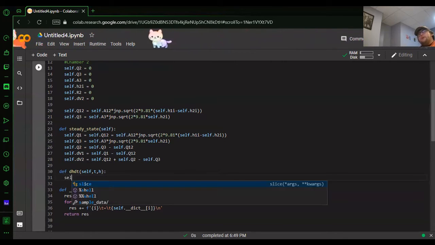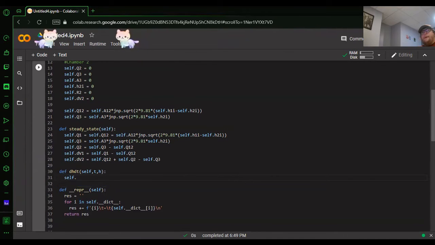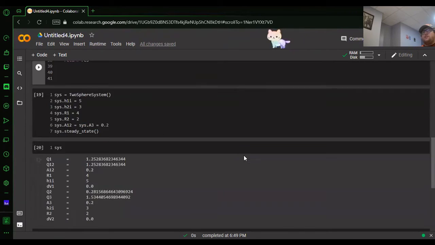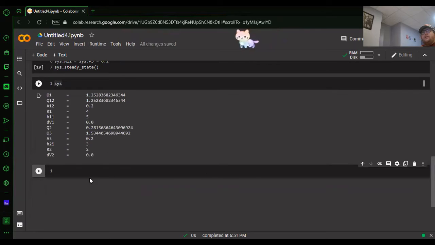So for example, I have H1F equal to H0. The reason I'm doing this is when we plug this in to solve IVP, our object will save these values, so we can just use our sys command right here. And down here below dV2, we'll have our H1F or H2F, and we'll be able to see our final values of H.